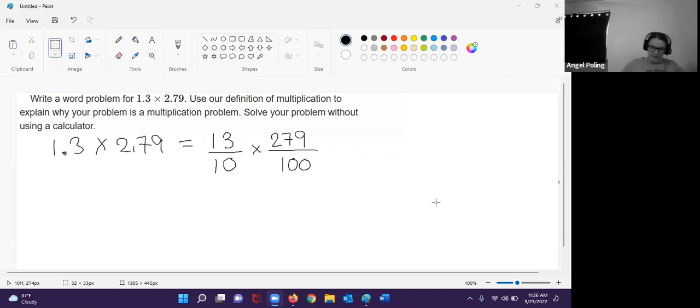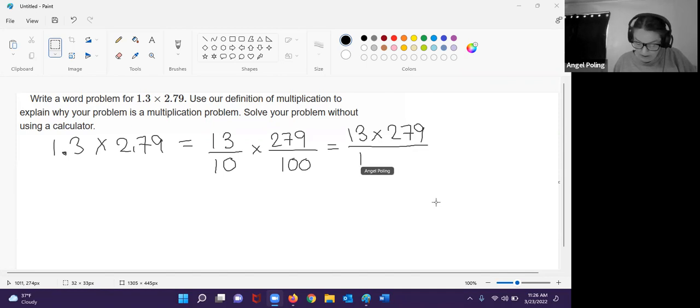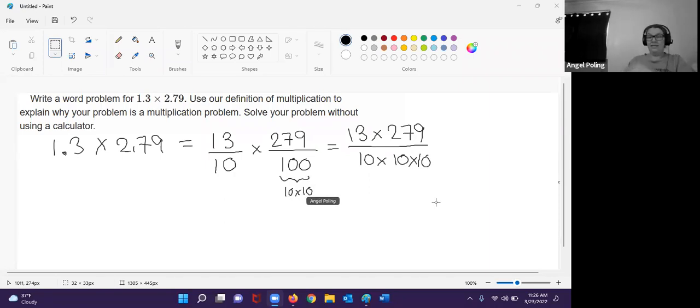All right, so now our standard algorithm for multiplying fractions says that we multiply 13 times 279, and then we will divide by 10 actually 3 times, where 100 itself is the quantity 10 times 10.